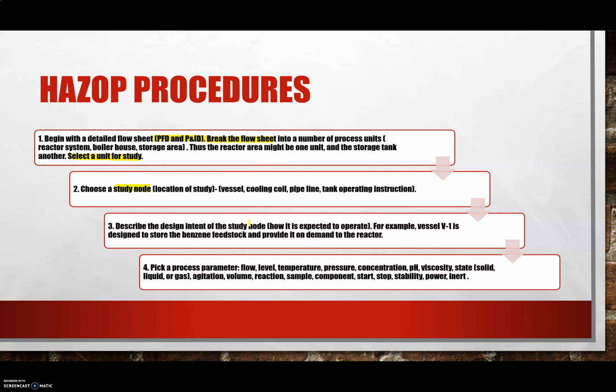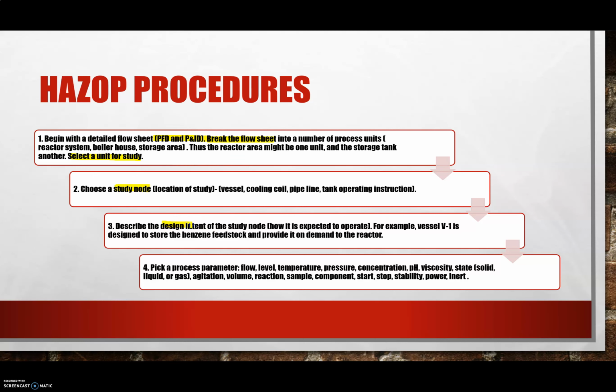You have your inlet, you have your outlet, then you have your process. That is the intent of your design. So this inlet, outlet, and also the process should be included in your study.